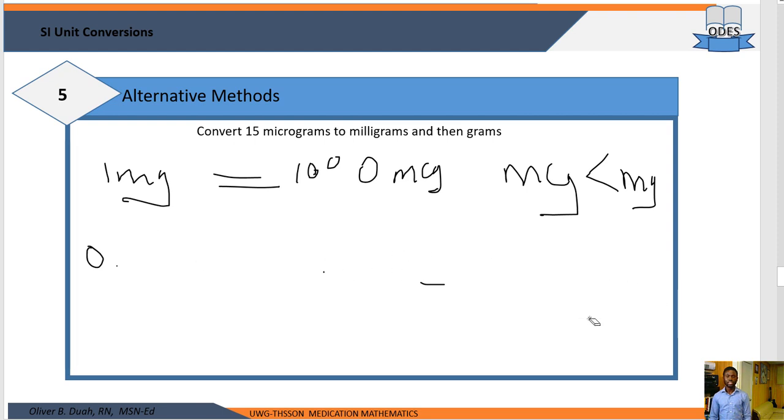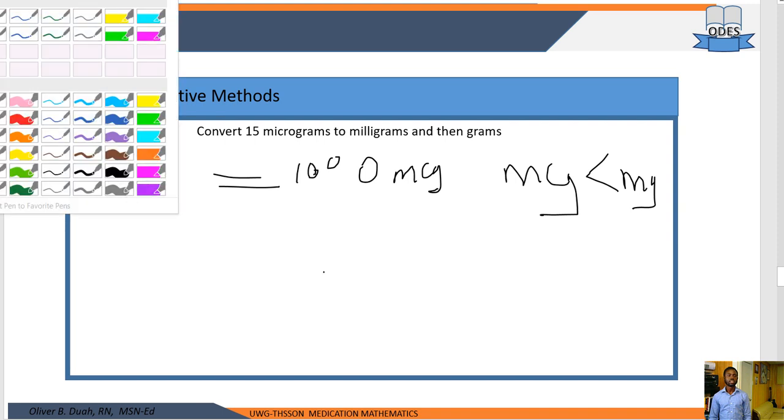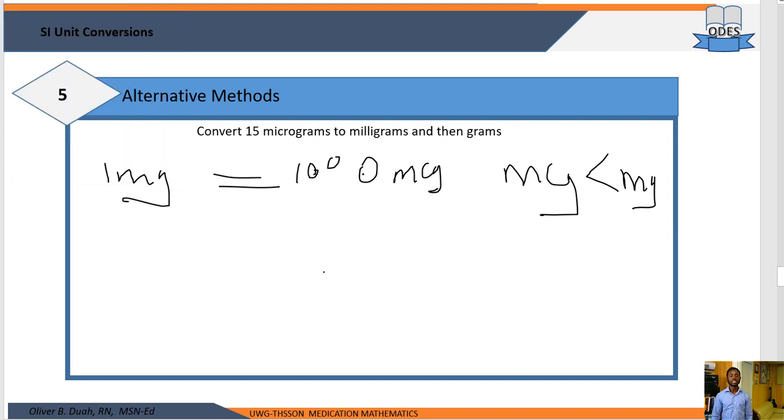Alright, so the question did not end there. Now it says that we should find this in grams. So we have 0.015 milligrams now that we have to convert to grams. So ask yourself again, how many micrograms in 1 milligram?